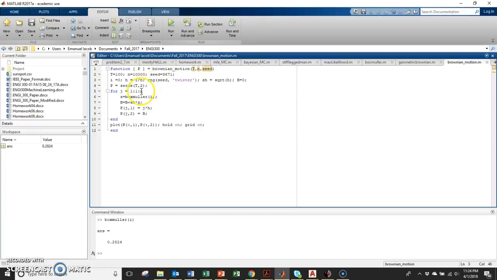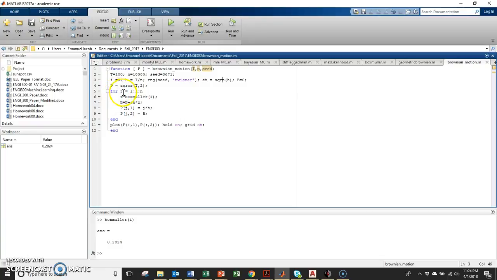We set i equal to 0, h is the period over n, 10,000. We use a random number generator with a seed, twister, set b equals 0, and then create a matrix of zeros, 100 zeros long by 2 columns.